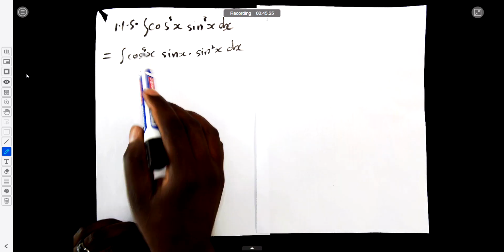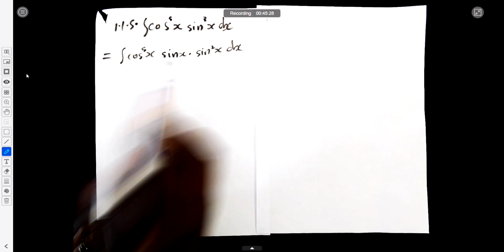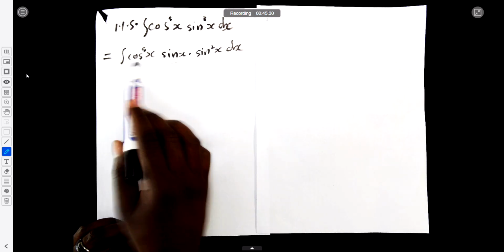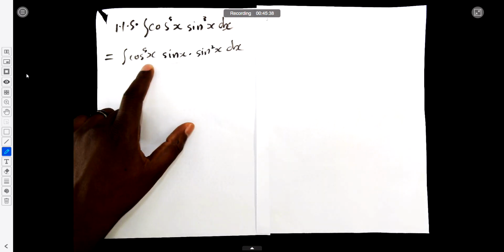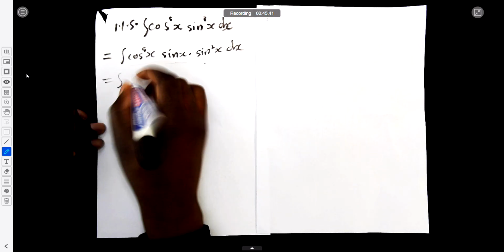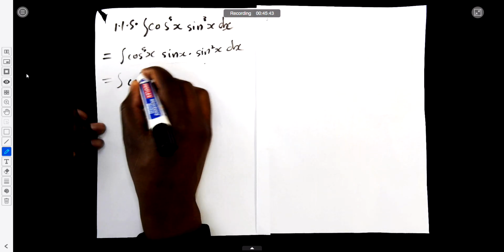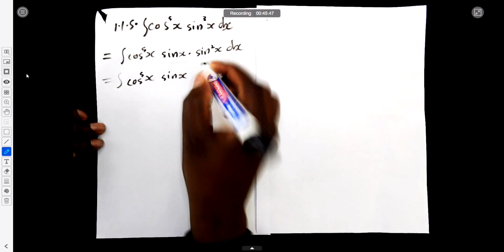So at least we know when we derivate cos, we can get sine. So this can be our derivative. We need to make this our function. But we need to resolve that to combine and have one function. So we know to get it to cos, we need to use square identities. So we'll have cos to the power of 5 multiplied by sine x.